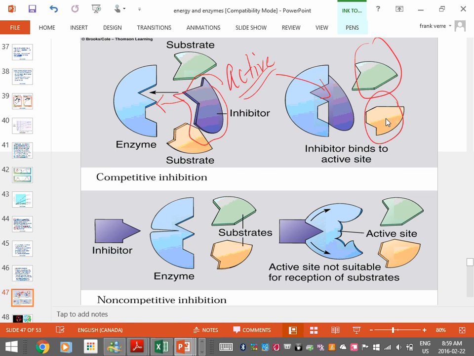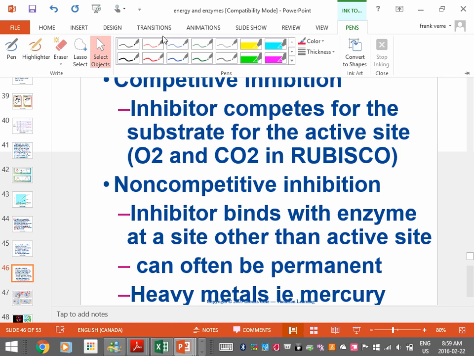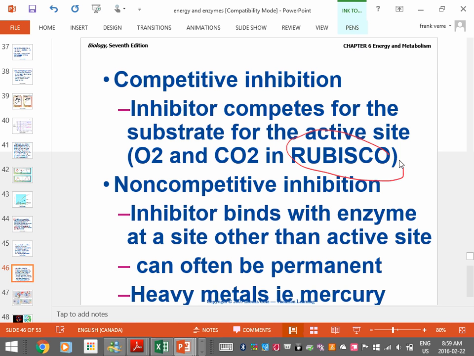We'll study an example of this when we get to photosynthesis. We'll look at an enzyme called rubisco. It's over here. This is the enzyme that makes sugar, okay, for plants and other photosynthetic organisms. And these two molecules over here actually will compete for that enzyme. I'll give you another one. There is a molecule that can compete for hemoglobin's active site.